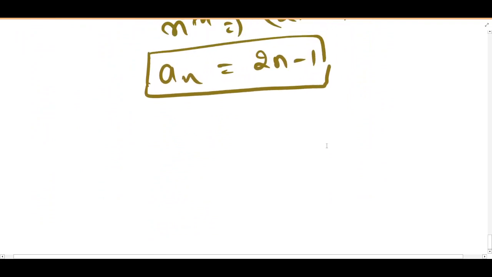But there are some series where there is no visible pattern.